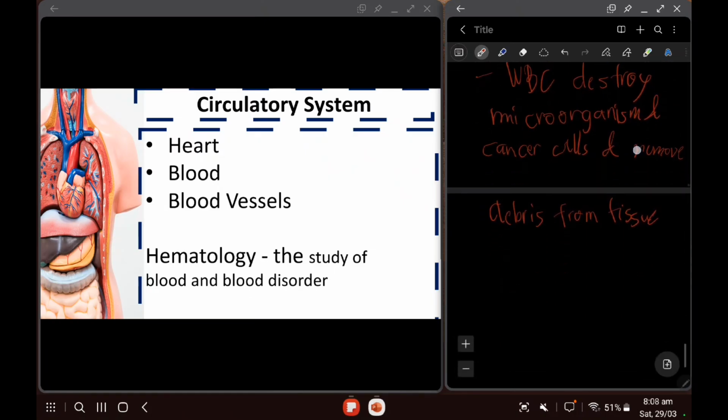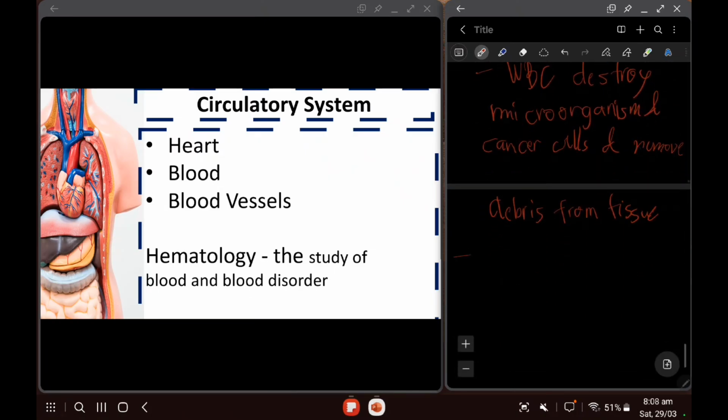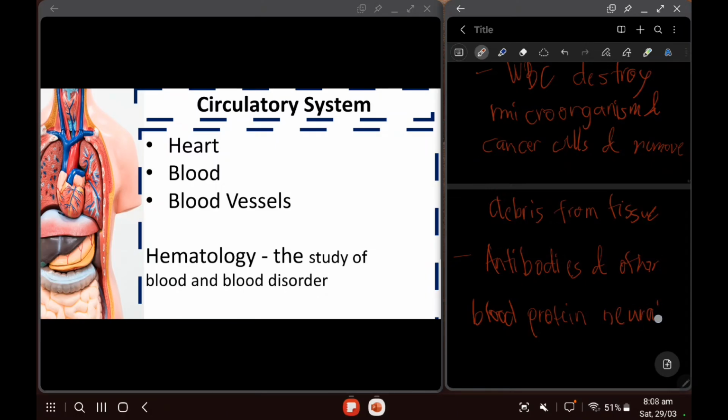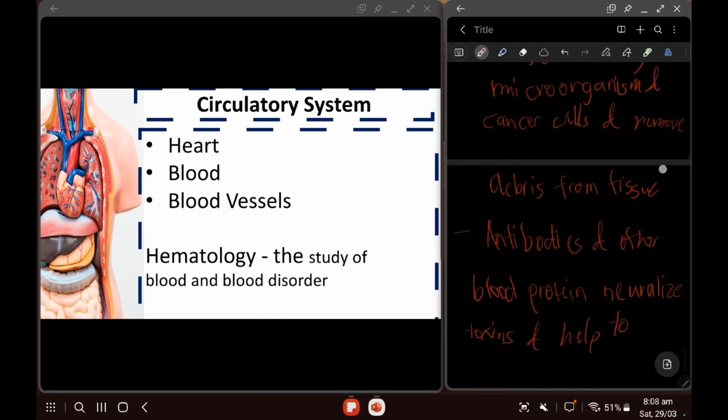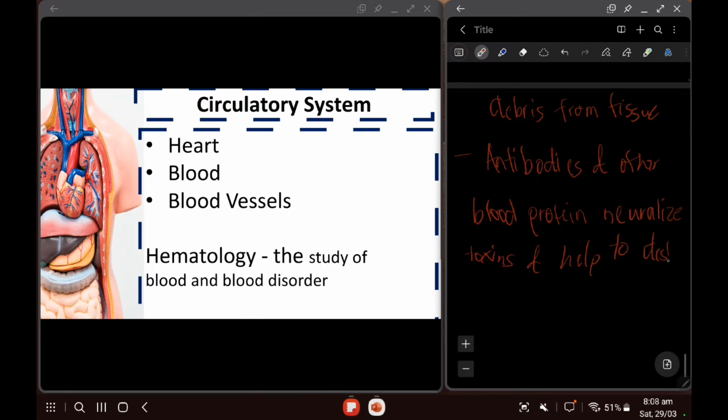Also, since we have white blood cells, we also have antibodies and other blood proteins, which neutralize toxins and help to destroy pathogens.